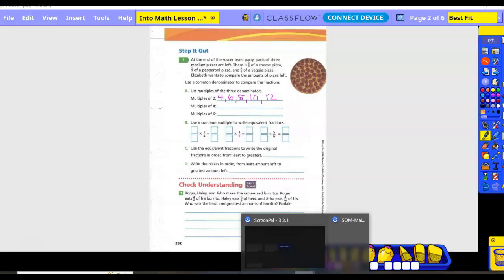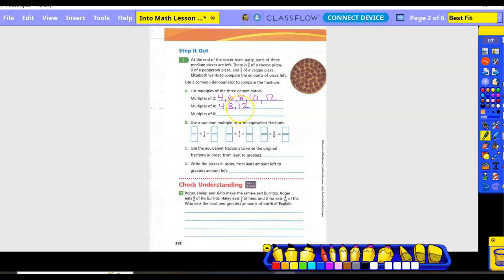Okay, let's do 4. 4, 8, 12, 16, 20. Okay, what about 6? 6, 12, 18, 24, and 30. So what is our least common multiple, guys? 12.